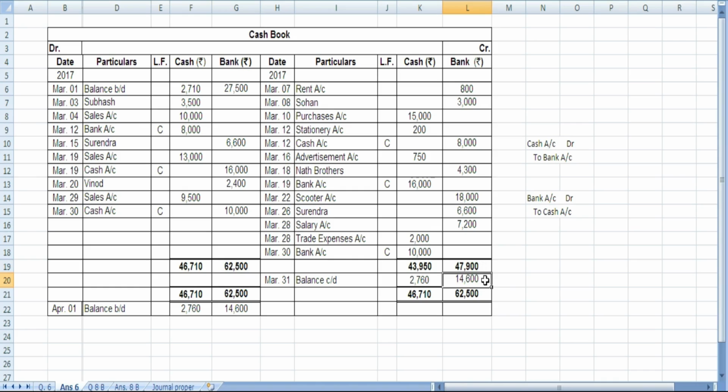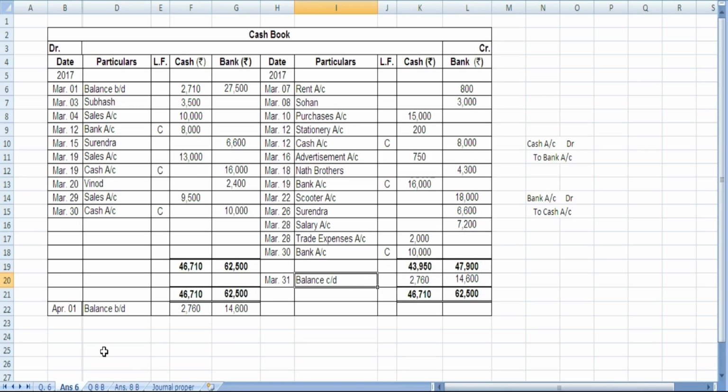So we'll have to put some amount on this side so that both sides will be same, 62,500 and 62,500. So the amount here we have to put is 46,600. After minusing this from this, the balance we get 46,600. Same way, from this we minus this, we get 2,760, which is the closing balance.